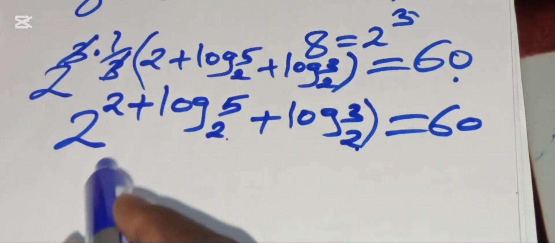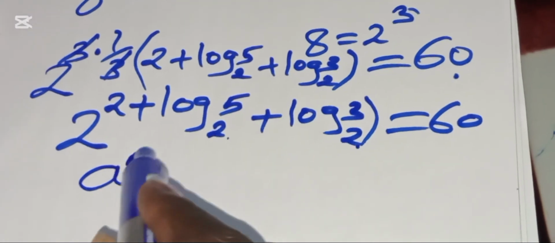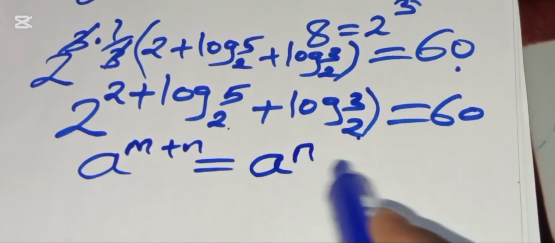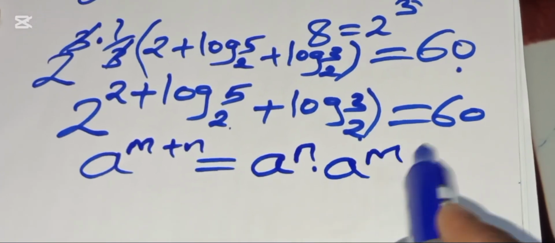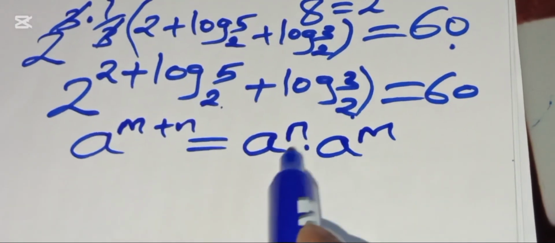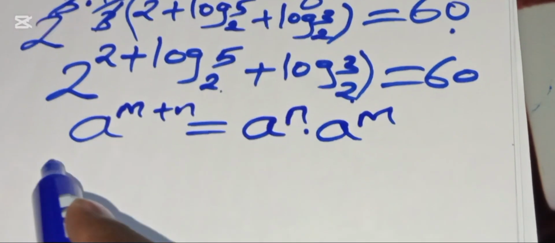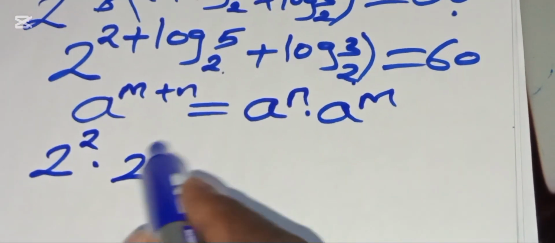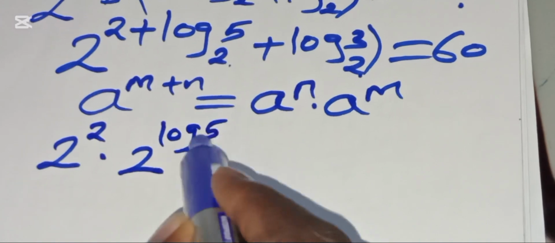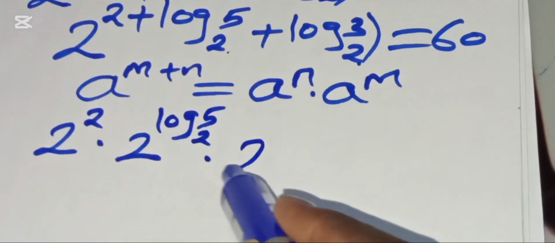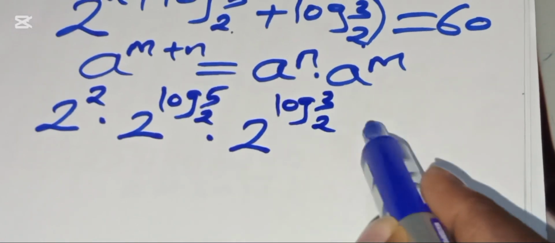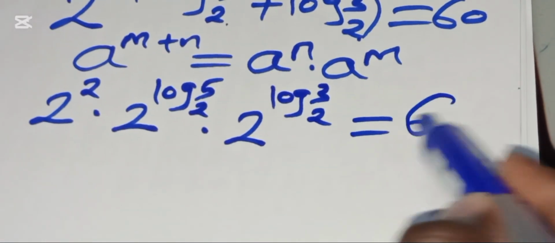This is in the form of a raised to power m plus n, which we can express as a raised to power n multiplied by a raised to power m. This is the indices identity. So we'll have 2 raised to power 2 multiplied by 2 raised to power log 5 to base 2 multiplied by 2 raised to power log 3 to base 2, supposed to give us 60.